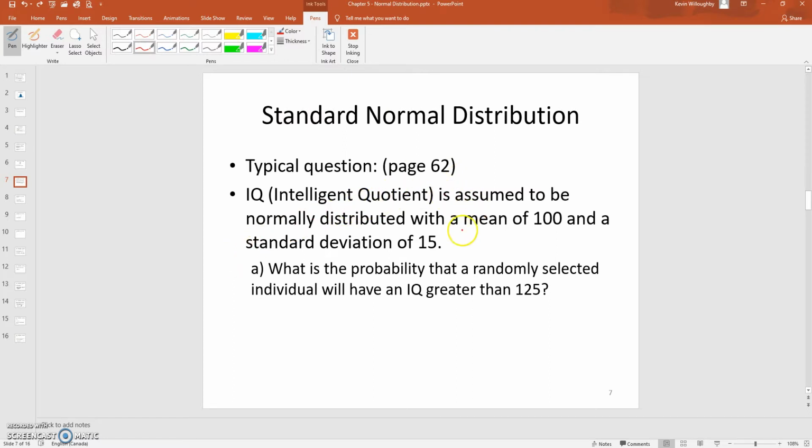So there's a few key things in here that we need to pay attention to for normal distribution. We know that it gives us an average, listed there is 100, gives us a standard deviation of 15, and this value of 125 is the x value. Other key parts in this question is it's going to say words like this: greater than, more, increase, decrease, less than.